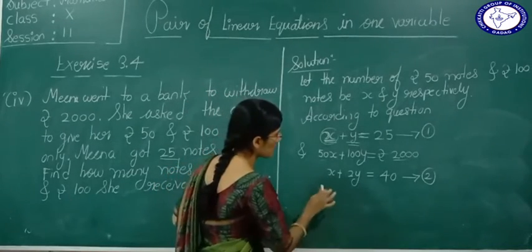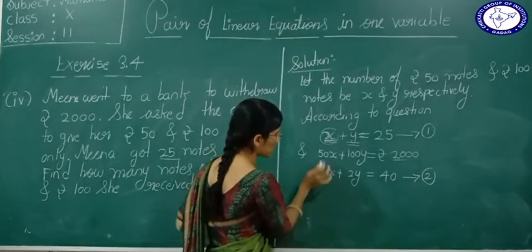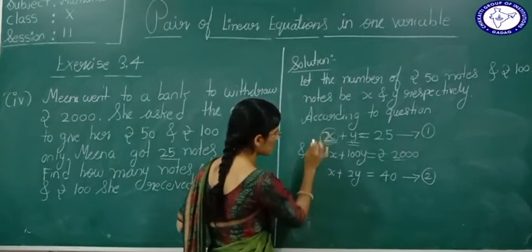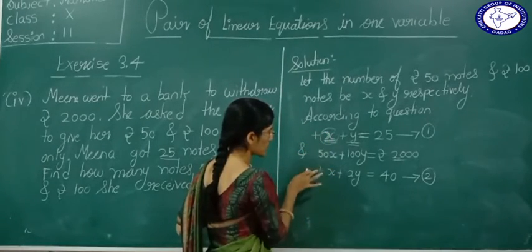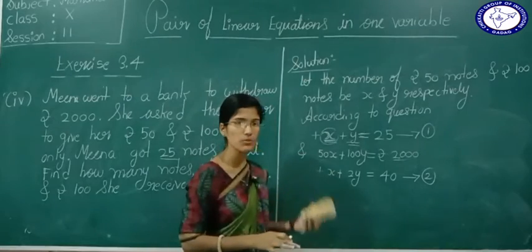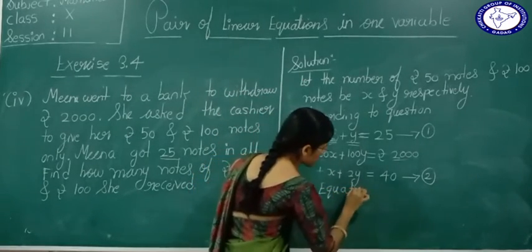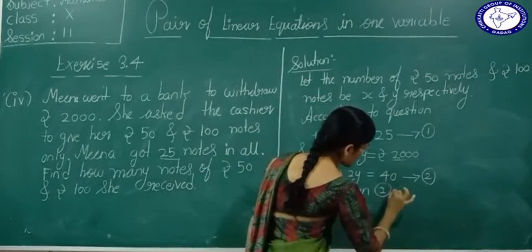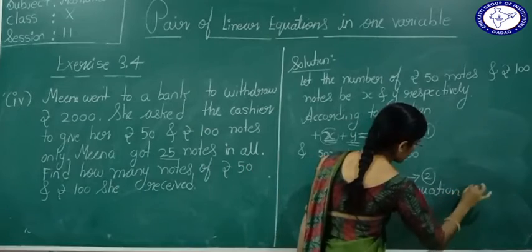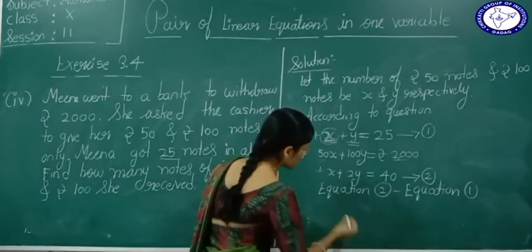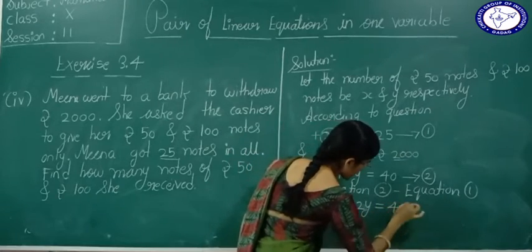Now see, I will eliminate x. To eliminate x, here the x signs are the same. Here also plus x, here also plus x. If the same signs are there, what I told, we have to subtract the equations. What I will do is equation 2 minus equation 1. Equation 2 is x plus 2y is equal to 40.